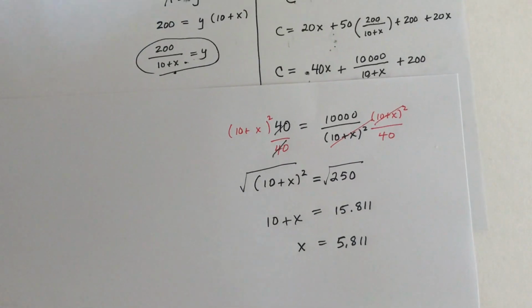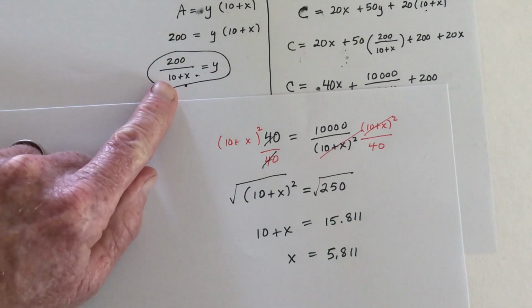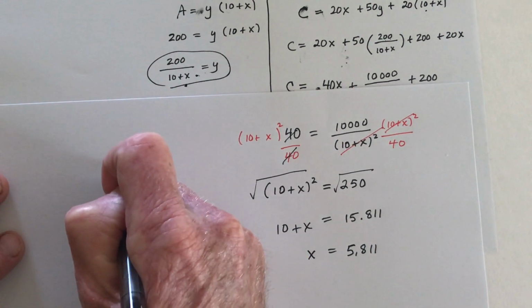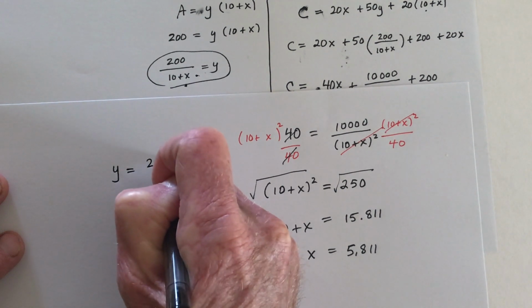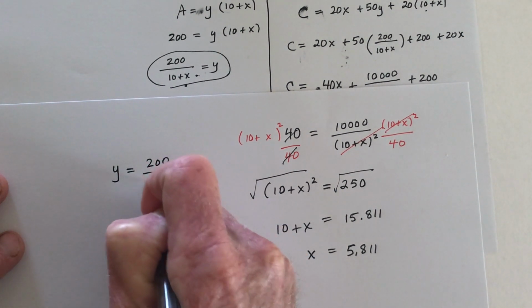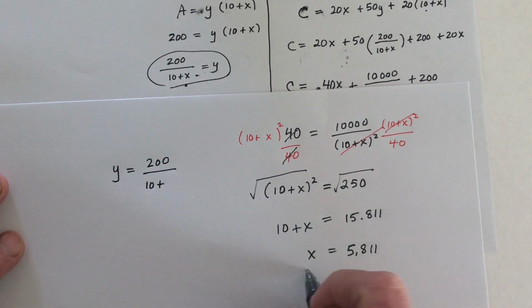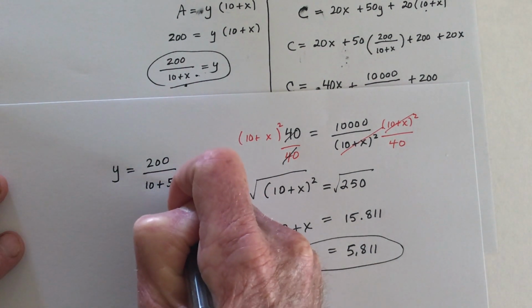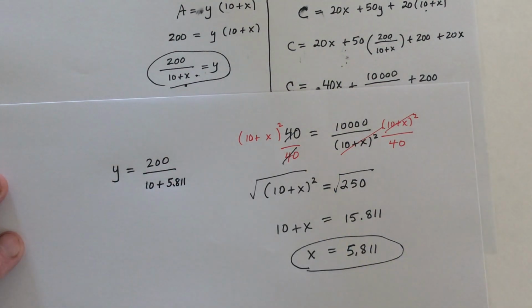And now for the last thing. The last thing to do is find out what y equals. So just use this equation, and then we'll see what y equals. So 200 divided by 10 plus x, and x turned out to be 5.811.